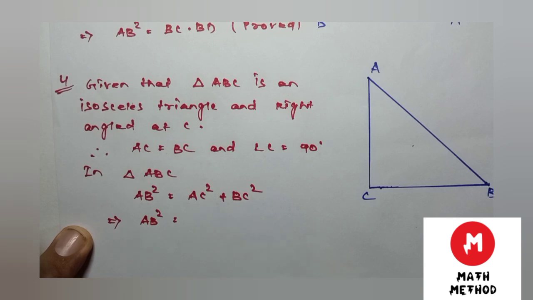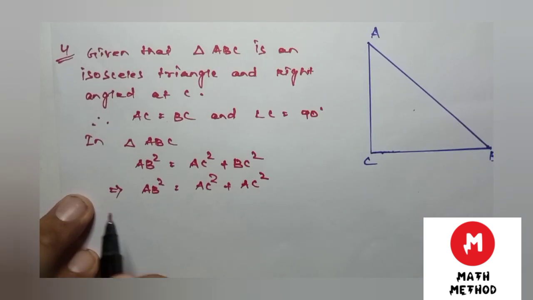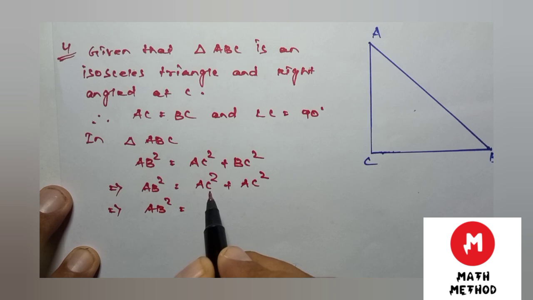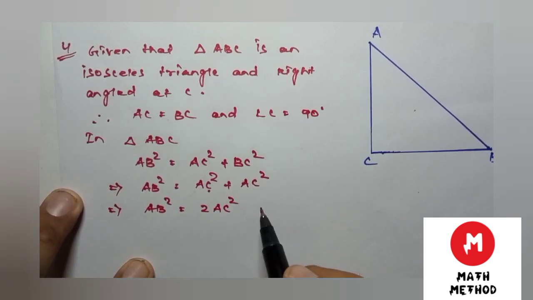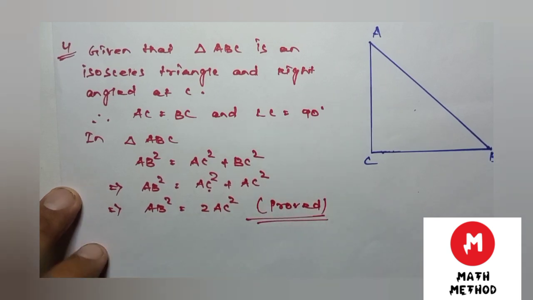So I can write AC in place of BC, because AC is equal to BC, so AB square is equal to AC square plus AC square, which is equal to 2AC square. Hence proved.